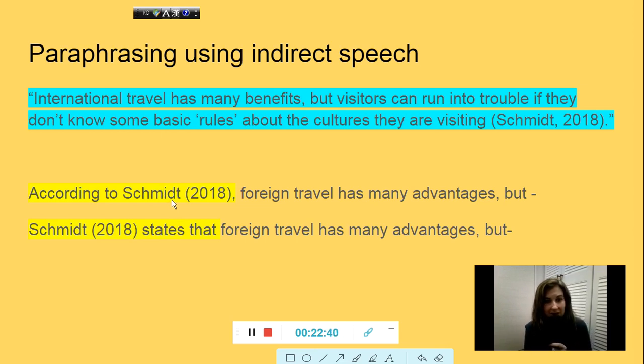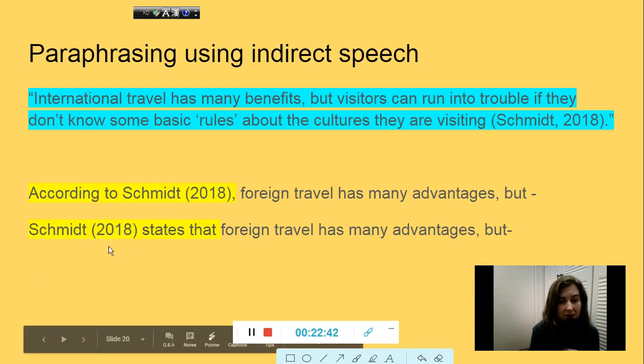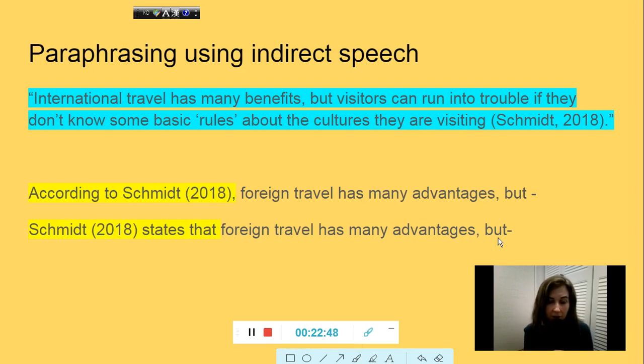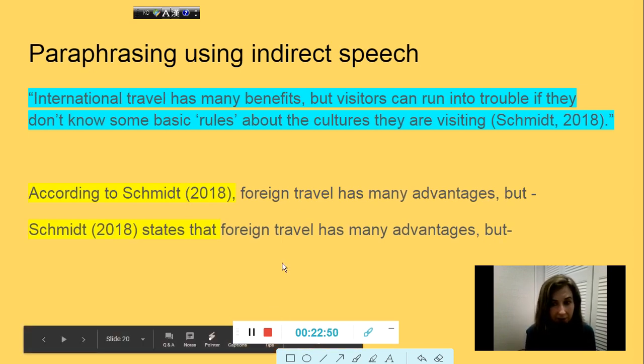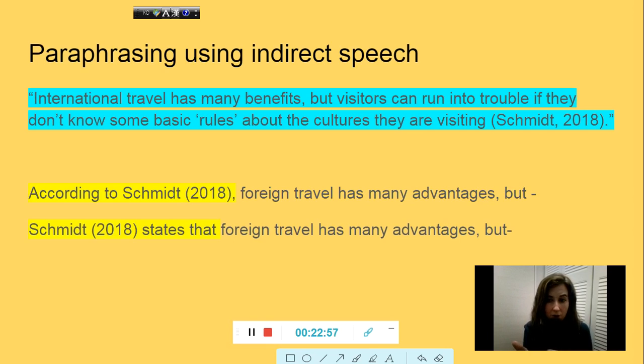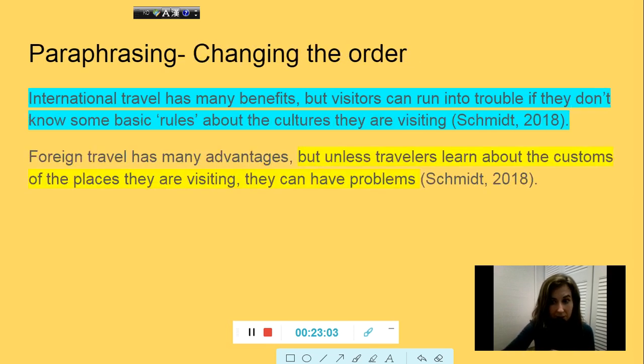And then same again here, Schmidt 2018 states that foreign travel has many advantages, but. So for any of those paraphrasing situations where you're taking someone else's words and you're making it your own, you still need to cite where you got that information from.